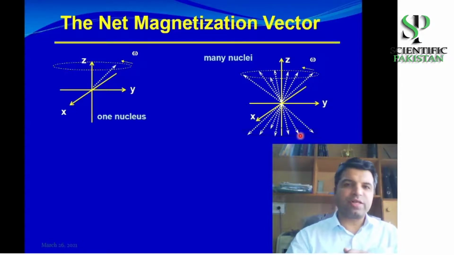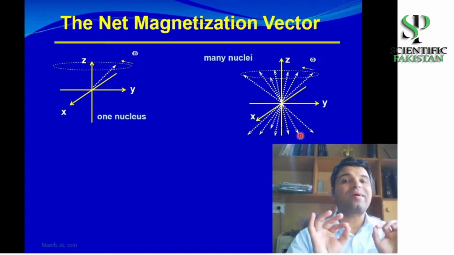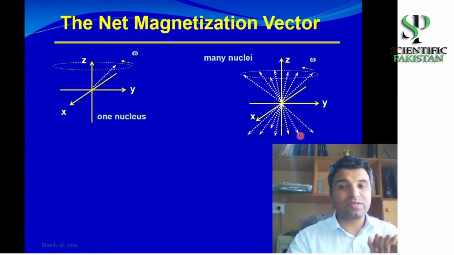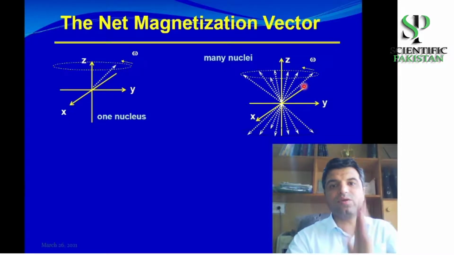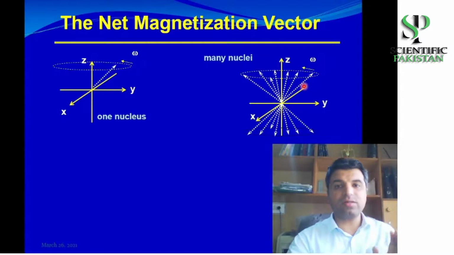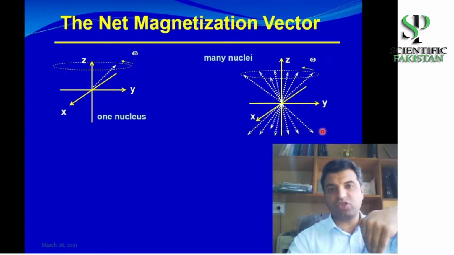And you also know another fact, that there is a slight excess of nuclei in the alpha state. So which of these two is the alpha state? This one, yeah. This is the alpha state because these nuclei are aligned along the direction of B naught. These nuclei are aligned against the direction of B naught.